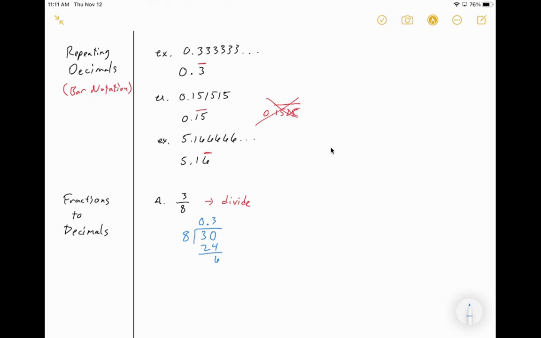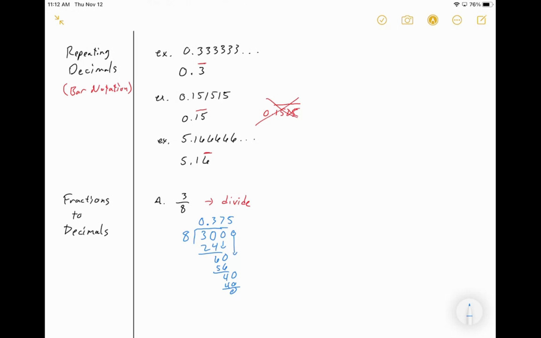Subtract, we get 6. I need another 0 to drop down. 60. 8 goes into 60 7 times. 7 times 8 is 56. There's a 4. Drop another 0. 8 goes into 40 5 times. I finally get 40, and I'm at 0.